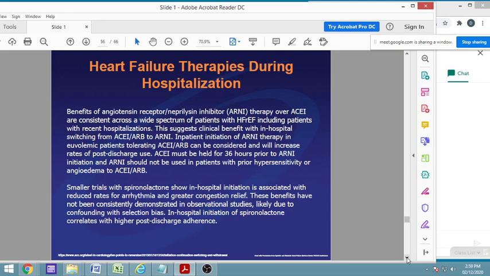Similar trials show that spironolactone, a potassium-sparing diuretic, is also beneficial. It reduces arrhythmia and provides greater congestion relief, so these are beneficial effects.